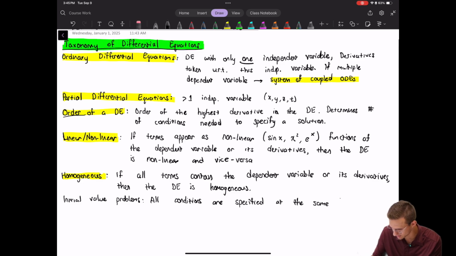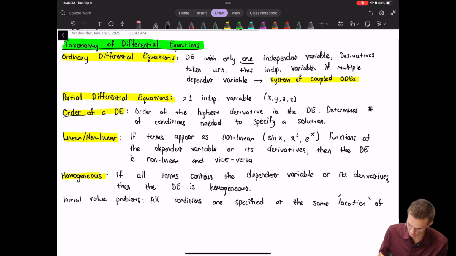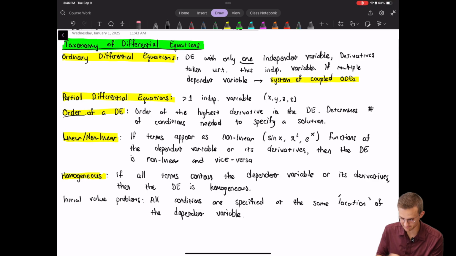I'll put location in quotes here because most of the time, initial value problems are actually time domain problems. So it'd be a location in time, which is just at a specific time. So even if it's a second order problem, say you have two different conditions that are specified both at like time equals 0, for example.